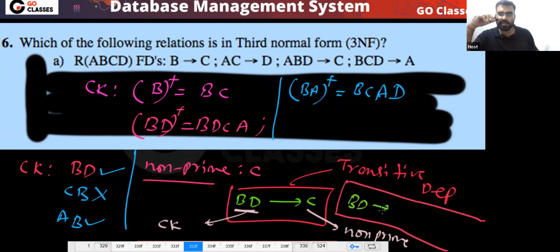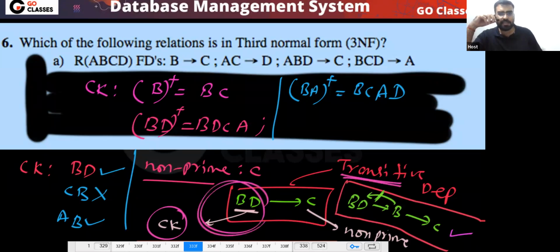Because BD can determine B, B can determine C, and B cannot determine BD. Yes or no? So picture perfect. This is your transitive dependency: a candidate key transitively determining a non-prime attribute. So definitely this is not 3NF.